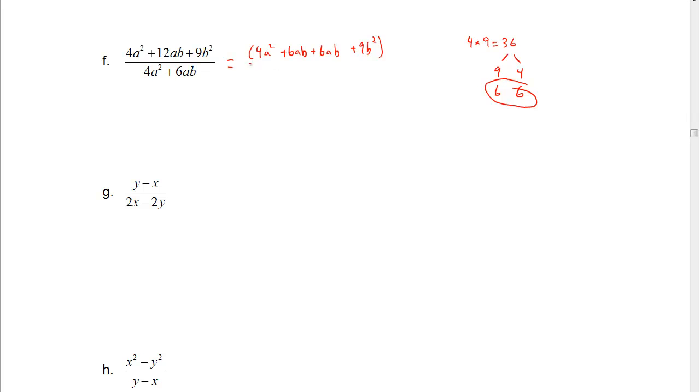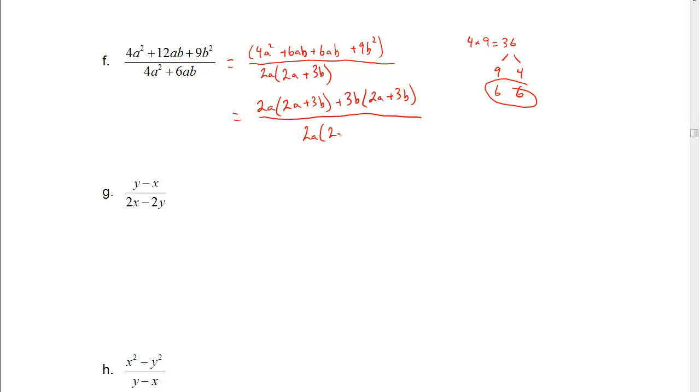So there's our numerator. In the denominator, we have 4a squared and 6ab. Well, 2a is a common factor, so that's leaving us with 2a plus 3b. And if we continue to factor the numerator now, we end up with 2a outside of 2a plus 3b plus 3b outside of 2a plus 3b, and that's all over 2a outside of 2a plus 3b.